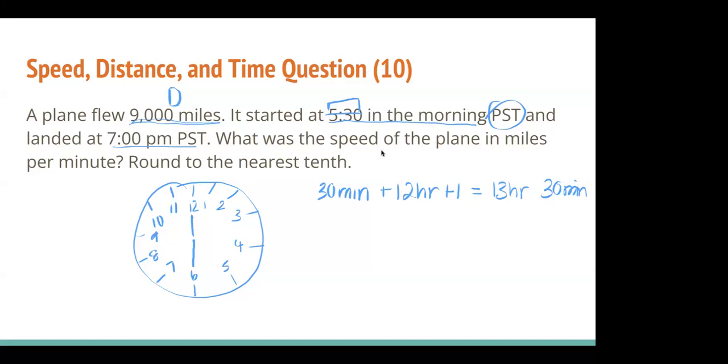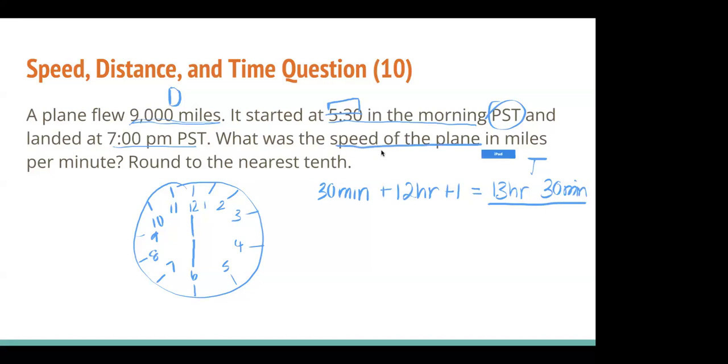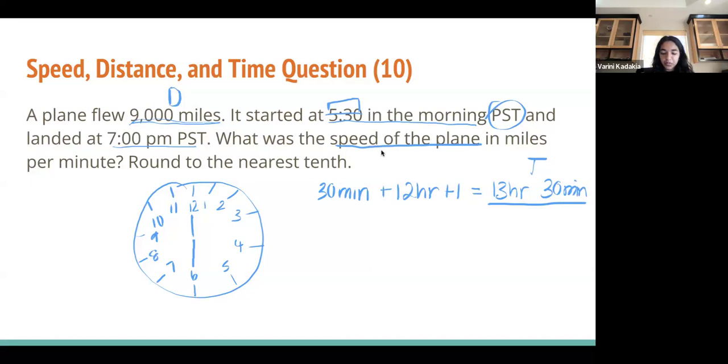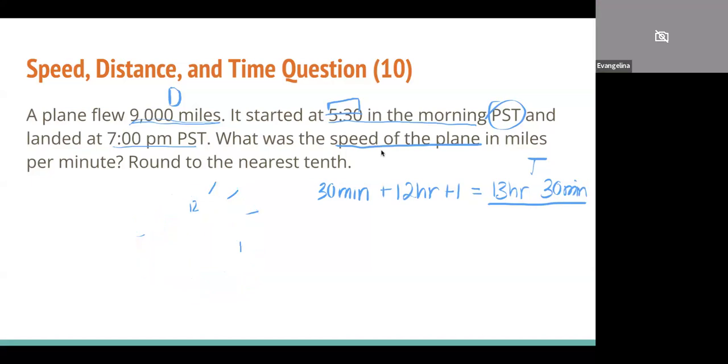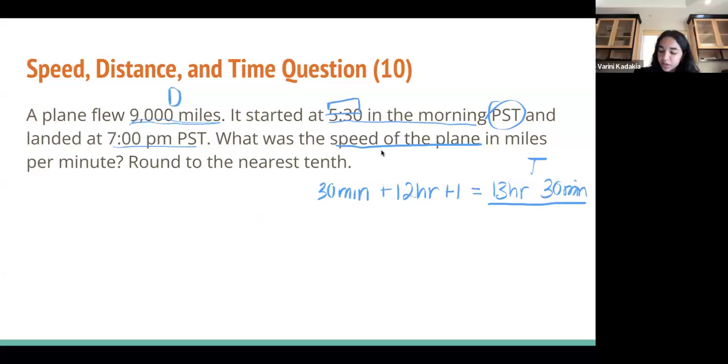So now this is how much time the plane flew, because it's in hours and minutes. Now what is the speed of the plane in miles per minute? You need to do two main things. First, you need to make sure the time has a consistent unit.